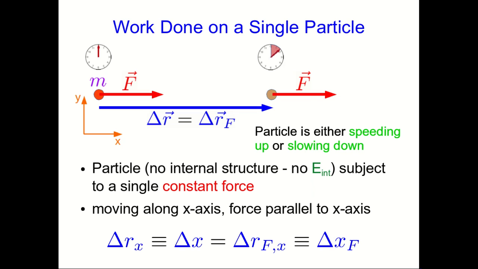And so the x component of the displacement, which we would just call delta x, is the same as the x component of the force displacement vector, which we'll just call delta x f. And also the force itself is just some x component of the force times i hat, where that x component of the force must either be the magnitude of the force or the negative magnitude of the force.